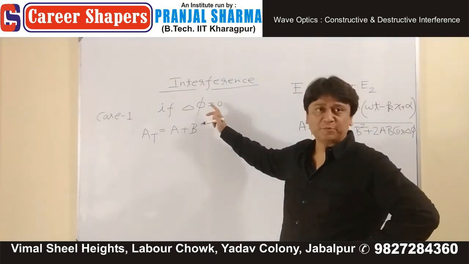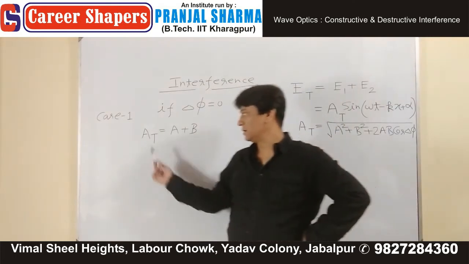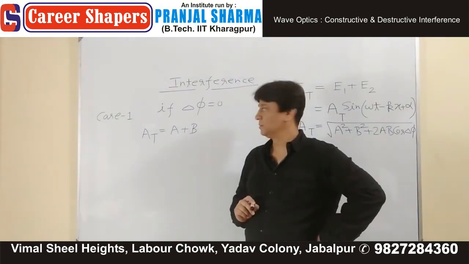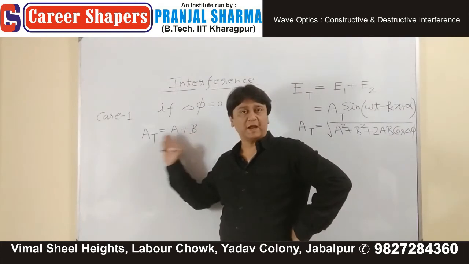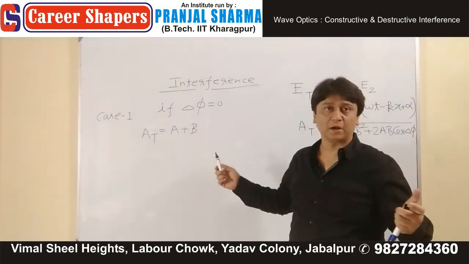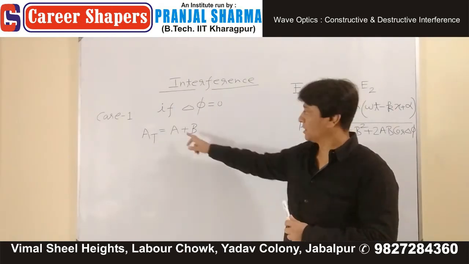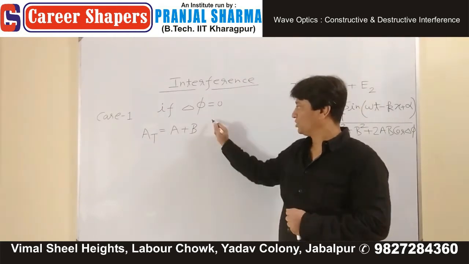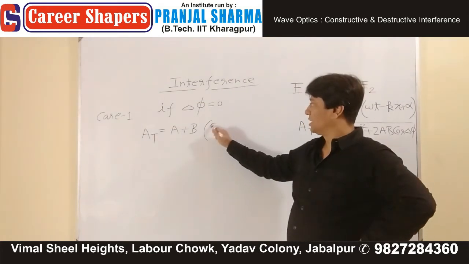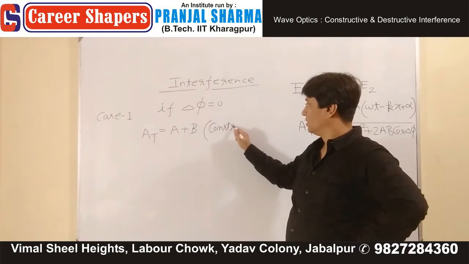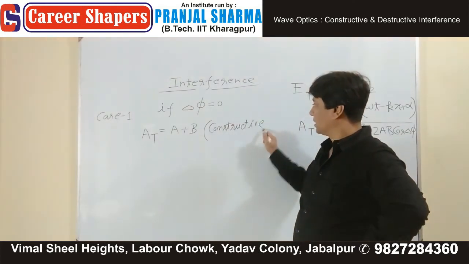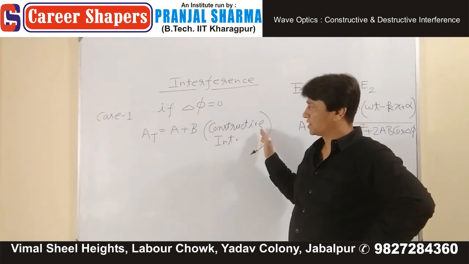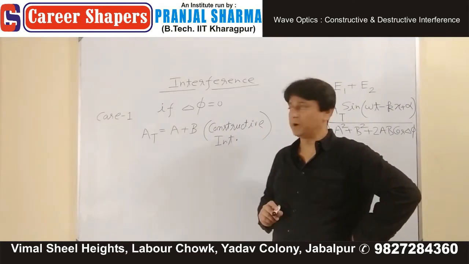If phase difference between the waves is 0, then amplitude of the resultant wave is simply A plus B. That means you are directly adding their individual amplitudes, individual maximum electric fields, which in physics is called constructive interference.